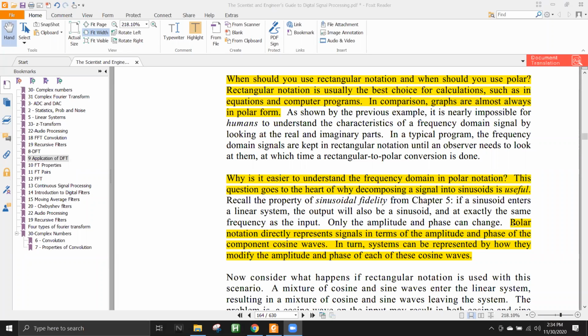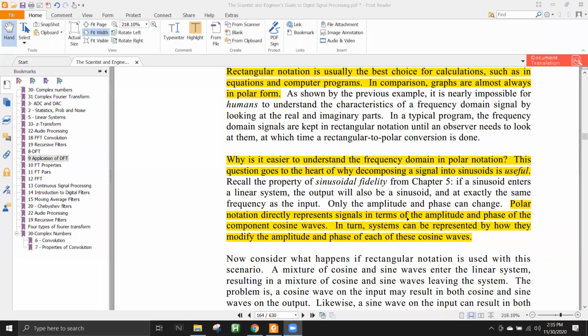The polar notation directly represents signals in terms of amplitude and phase of the component cosine waves. Something that was a sinusoid in the time domain would also remain a sinusoid in the frequency domain. Only the amplitude and phase will change, not the entire shape of it. That is the property that we're leveraging here.